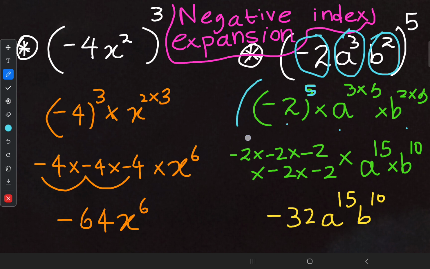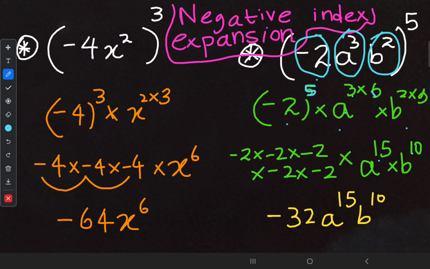Okay, when you expand this one, you know how to expand this already: 2, 2, 2, 2, 2. So that's 32. If the base is negative and our power is an odd number, our answer will hold negative, negative 32. a to the power of 3 times 5: 3 fives are 15 and 2 fives are 10.